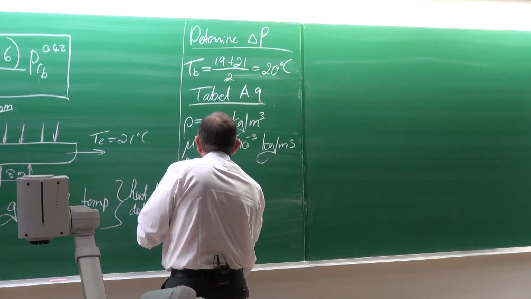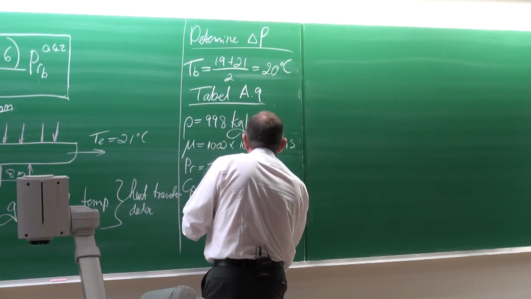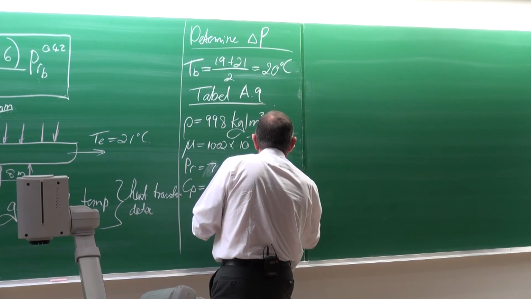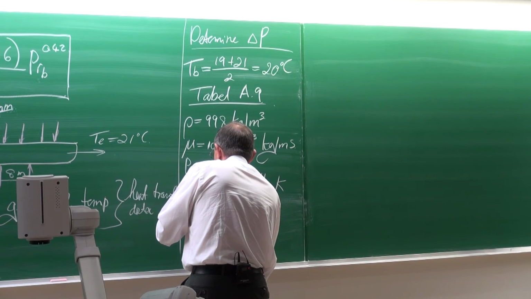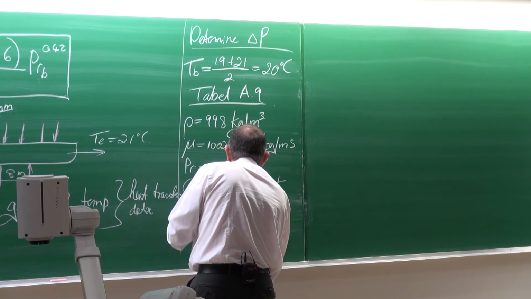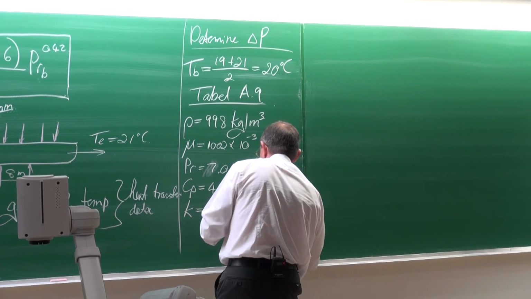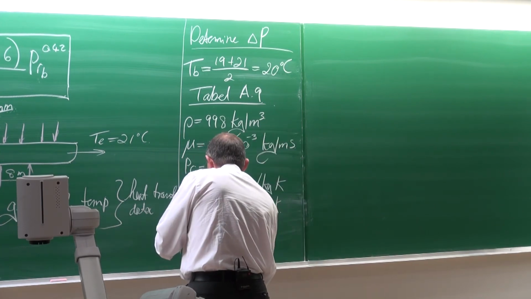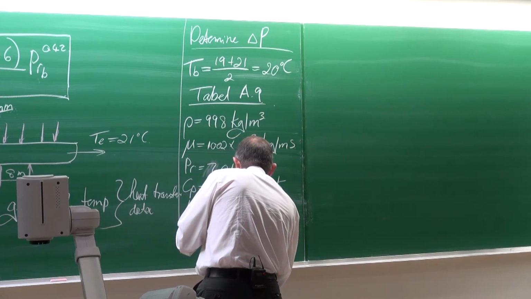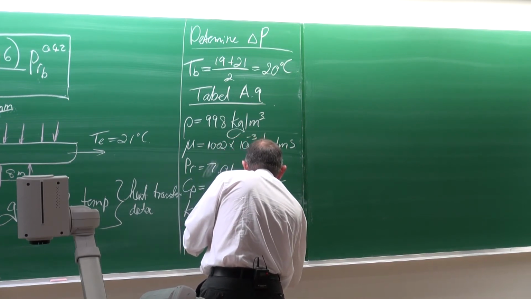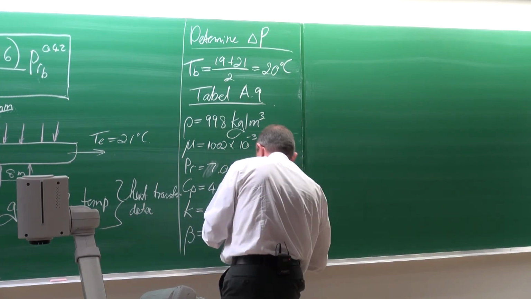The CP value is equal to 4182 joules per kilogram Kelvin. The K value is equal to 0.598 watts per meter Kelvin, and beta is equal to 0.195 multiplied by 10, I think, to the minus 3, 1 divided by Kelvin.